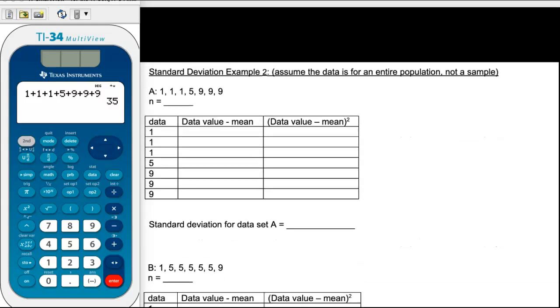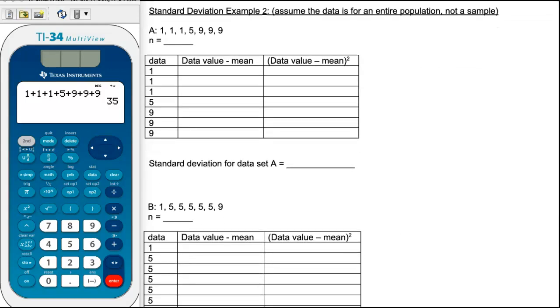And so for example 2 here, we're going to look at data set A, that's the set we were just looking at, that had a mean of 5 and a range of 8, same mean and range as data set B, only here we're going to find the standard deviation. So to find this standard deviation, the first thing that we're going to do is write down the mean.